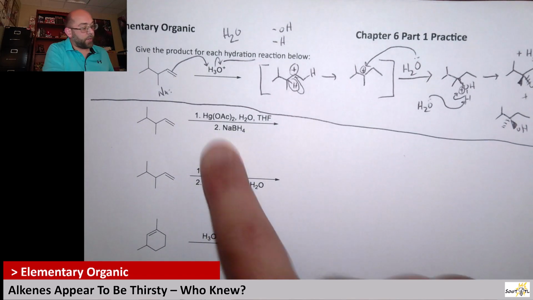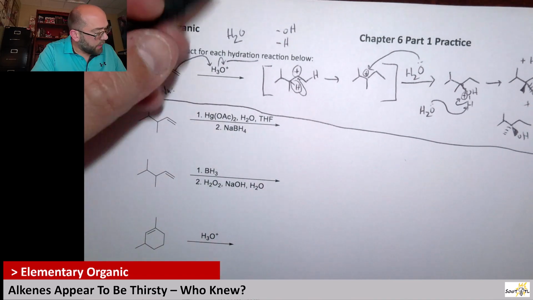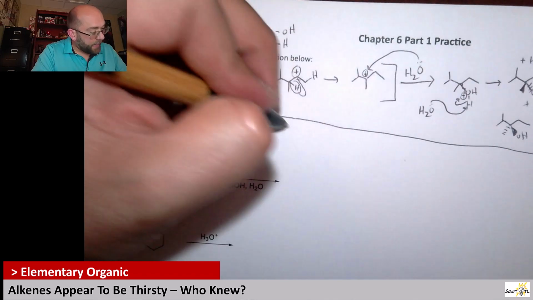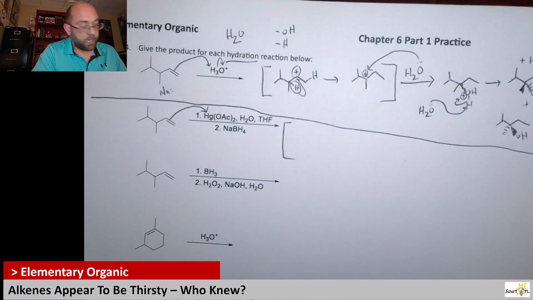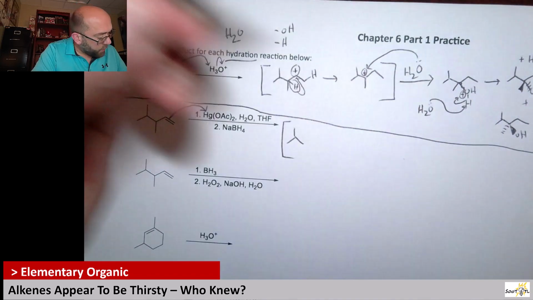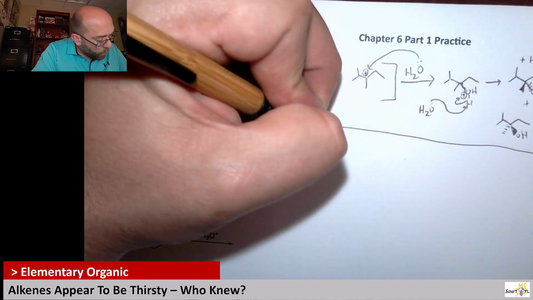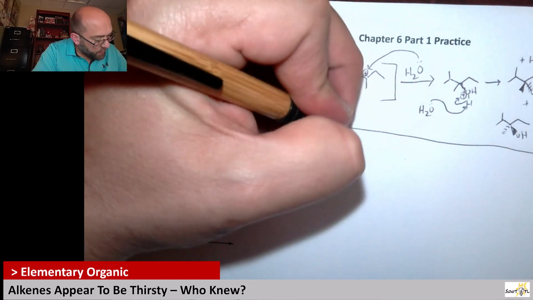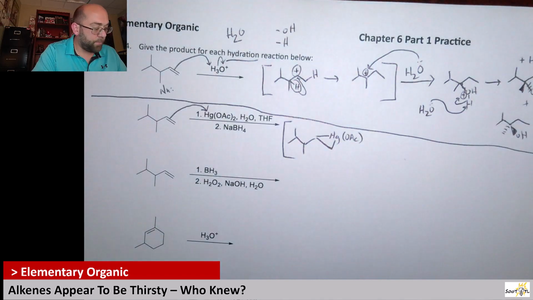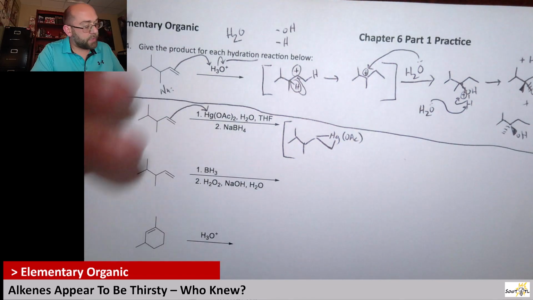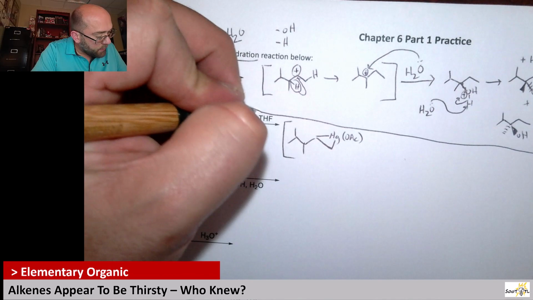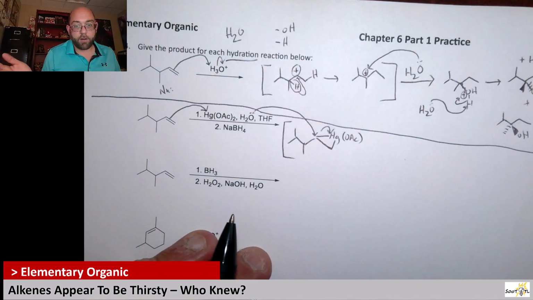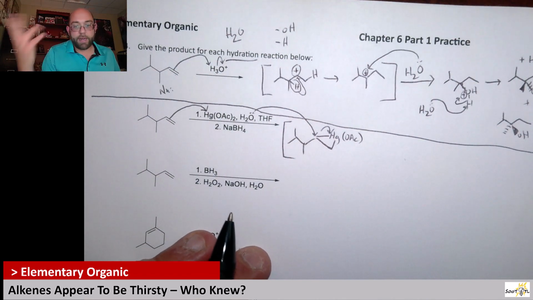For the mercury, the way it works is that you get this kind of weird intermediate, and I'm not going to draw it every time. You get this three-membered ring with mercury, and one of those OAc groups stays on. Then the water comes in and attacks that position to kick the mercury off, and then it all gets deprotonated.